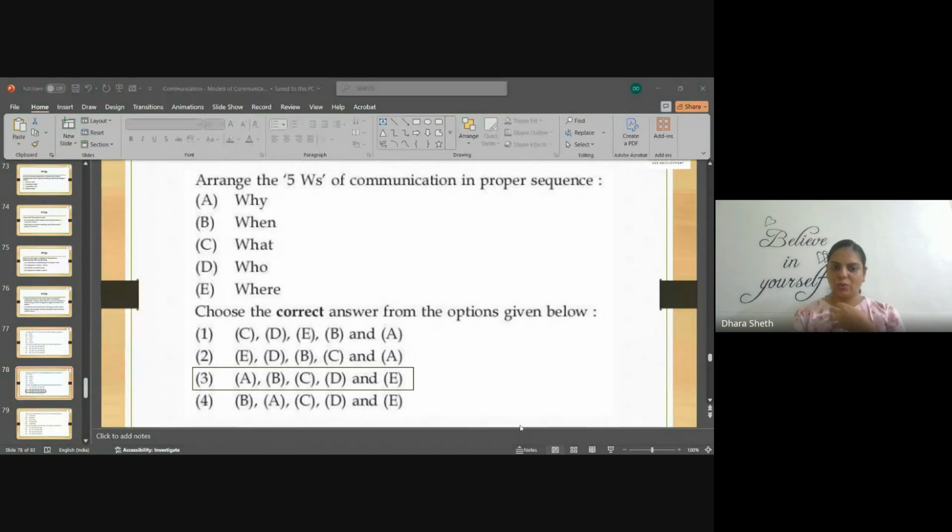Why, when, what, who, what is the correct sequence. And this question has been asked, so just note it down somewhere.